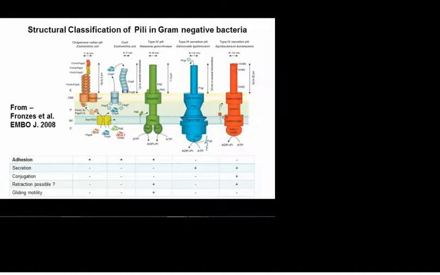So retraction possible? Yes. And that's why type 4 pili are used for gliding motility. What does that mean? Or what does that entail? That means movement of a bacterium over a surface. So you've got, this is your bacterium.